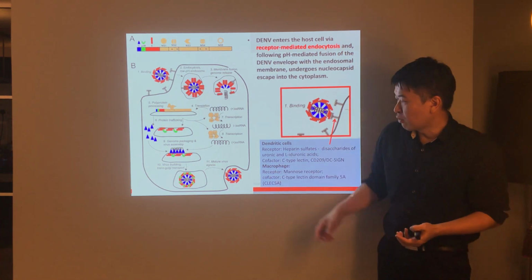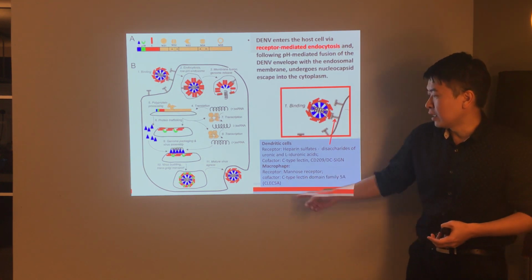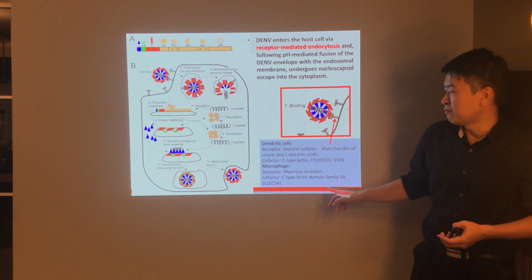This is the receptor and cofactor that is important for the dengue virus to bind and enter the cell. Whereas for macrophages, the receptor is the mannose receptor, and the cofactor is C-type lectin, similar to this, but it has a domain family 5A.